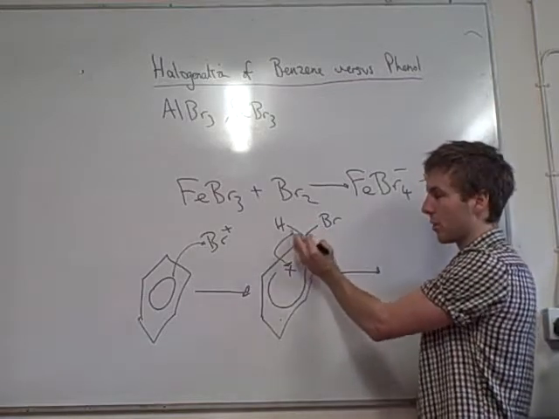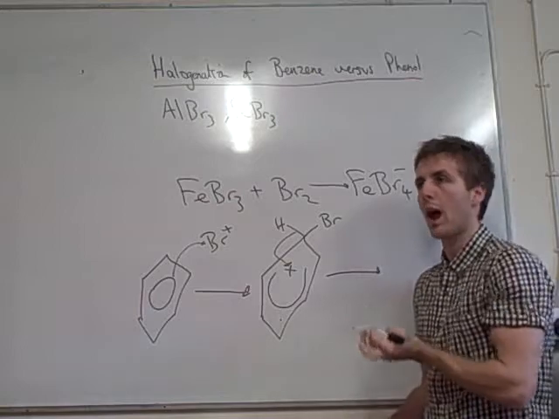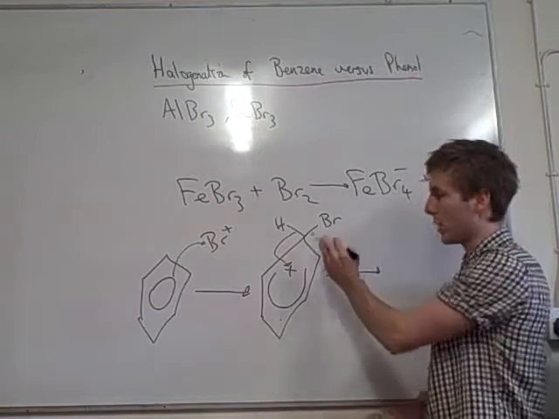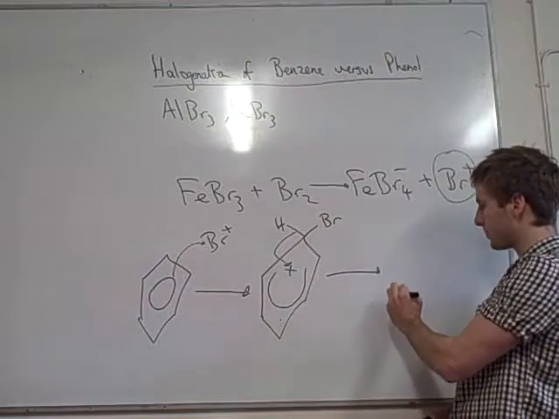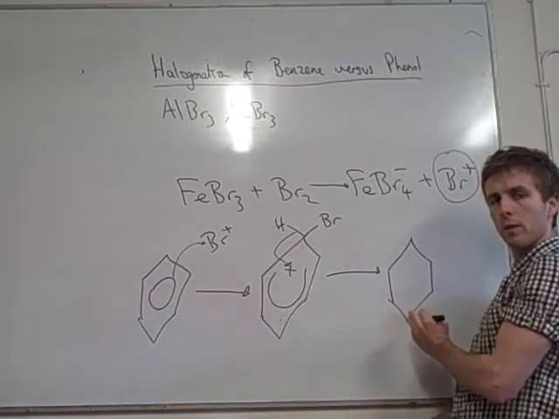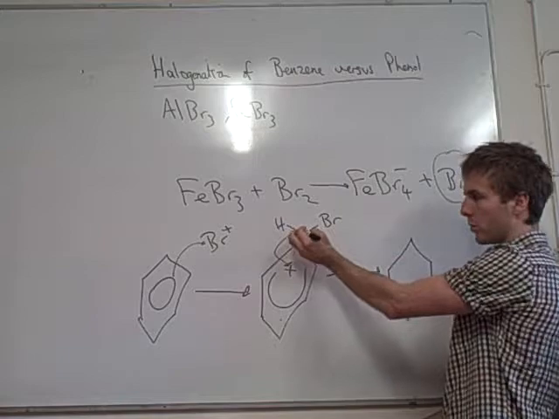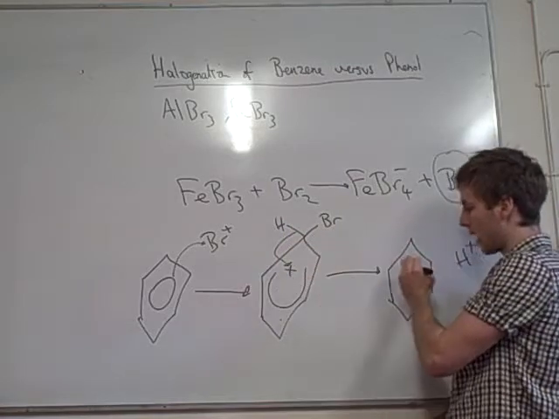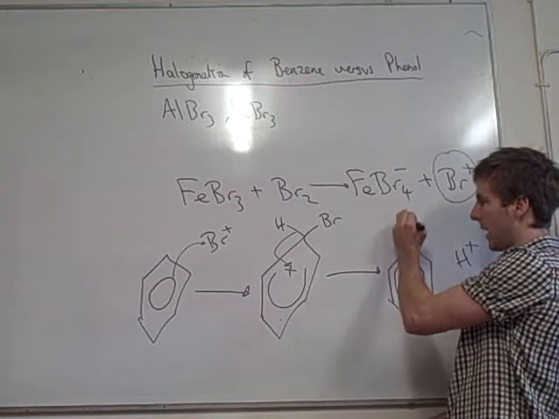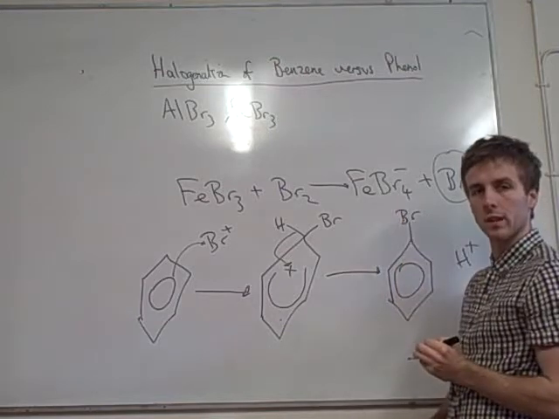Don't draw this curly arrow coming from the hydrogen, because all hydrogen is a proton. And we need to draw it from the electrons which are in this bond. So that will give us a final product of my hydrogen, which has lost its electron, H+. My ring has now been remade, and I've got my bromine attached.